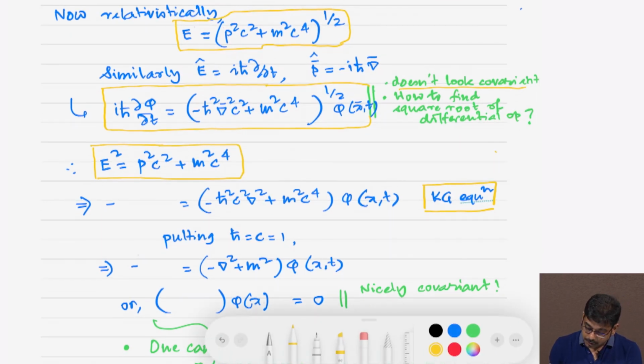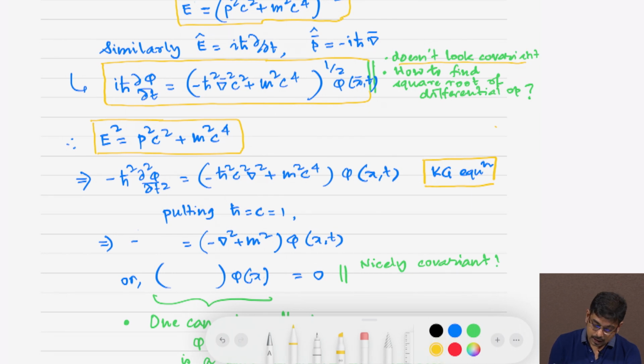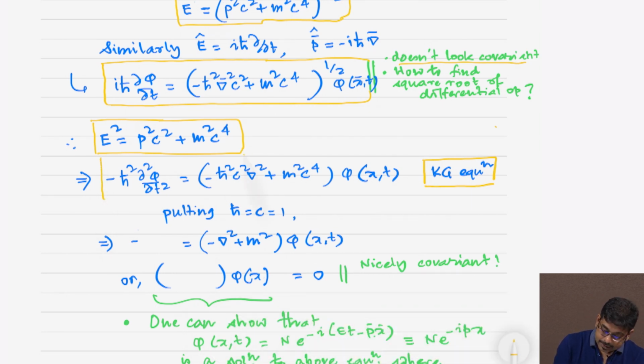And if I now want to write this equation in this form, then you will say this is nothing but minus h cross squared del squared phi/del t squared, and in the bracket this will be minus h cross squared c squared del squared plus m squared c to the power 4 phi(x,t), and this equation is what is known as the relativistic analog of the quantum equation, the first one that we talked about, and this is what is referred to as the Klein-Gordon equation, or usually we say this is the KG.